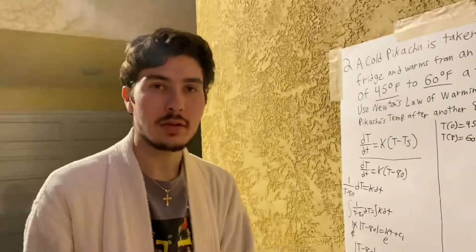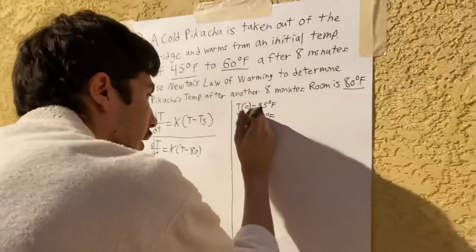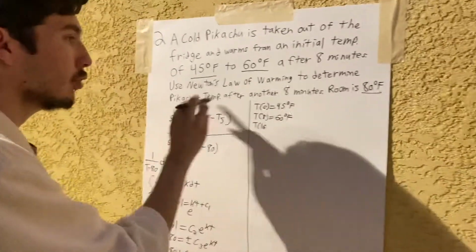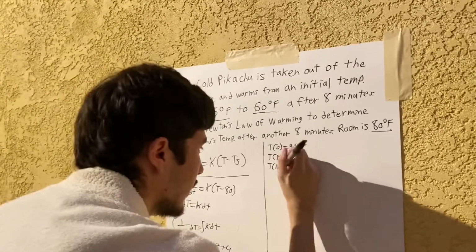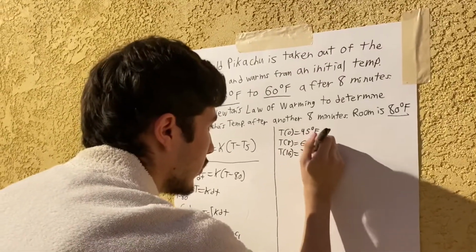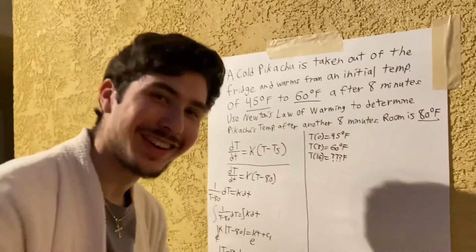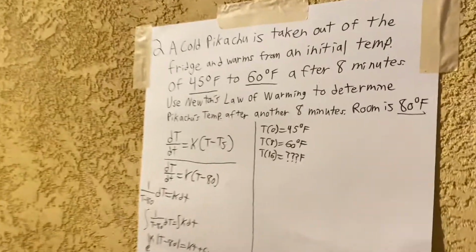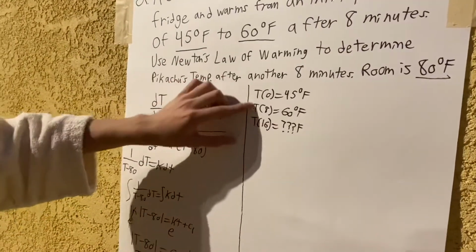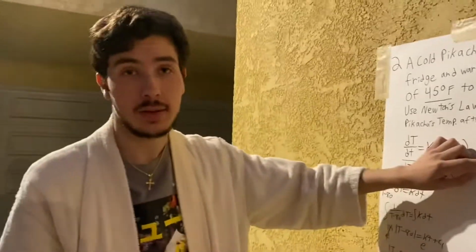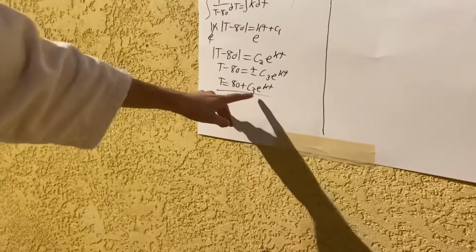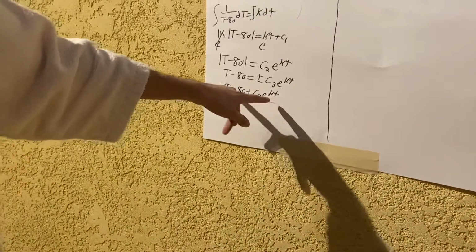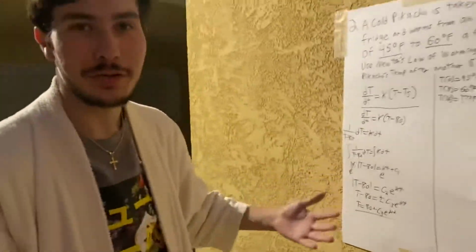What we want to know is T of 16, the temperature after another 8 minutes on top of the 8 minutes. What does that equal? Equals question mark Fahrenheit. The funny thing is we have 3 values, or 3 times here, and we also have 3 values in our equation that we want to know, being C, k, and T. See how that works out?